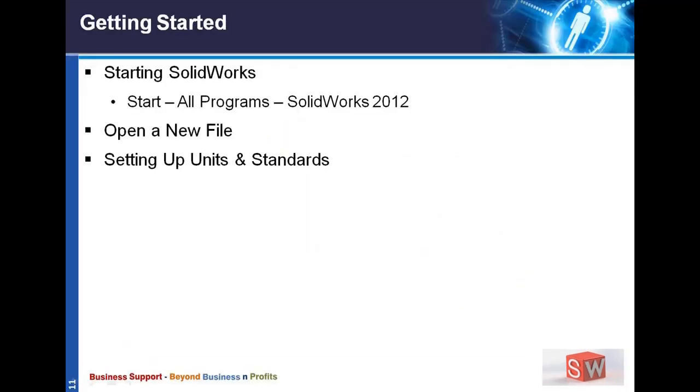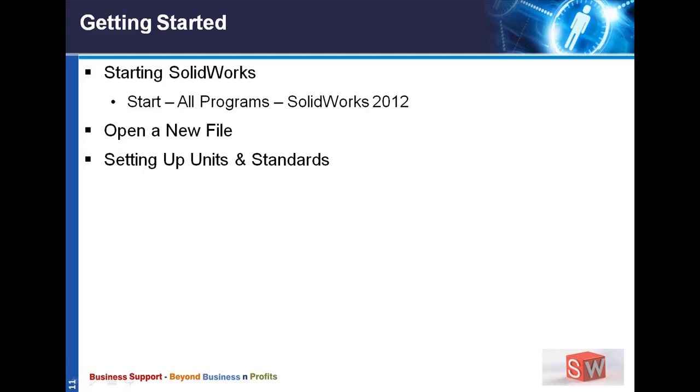Now everyone will be interested to launch SolidWorks in their desktop or in PC. To launch SolidWorks, go to Start, All Programs, SolidWorks 2012, or you can click SolidWorks 2012 icon in your desktop.